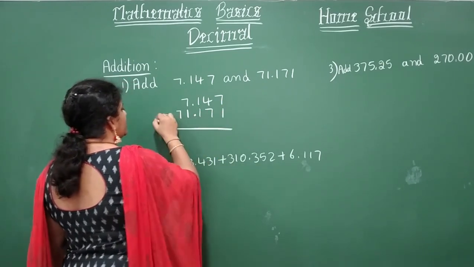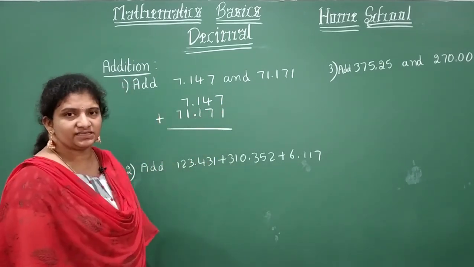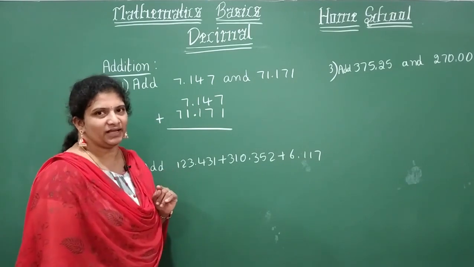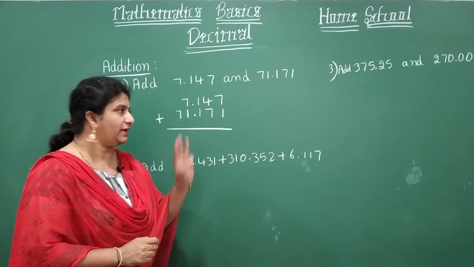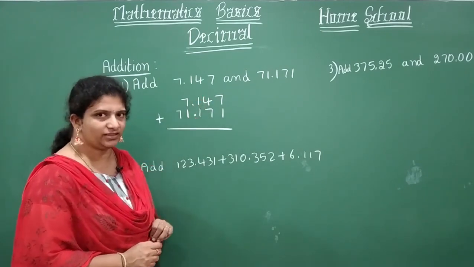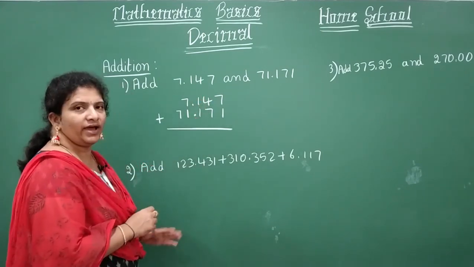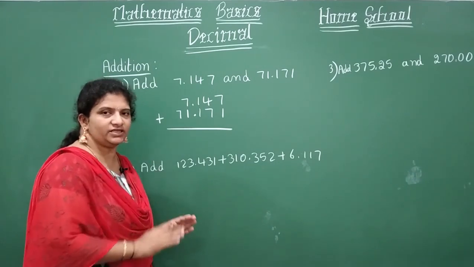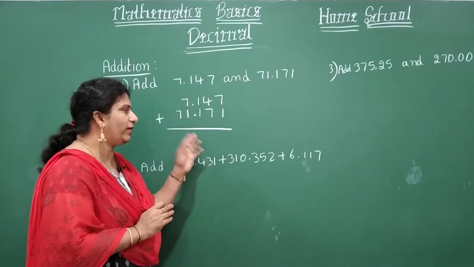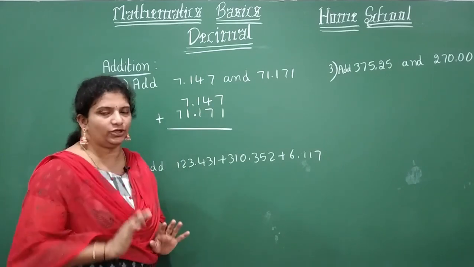So observe here, children, which type of decimal is it? It is a like decimal, where after the decimal point there are three decimal places in this and also in this. So now how to add? Adding, same process. Don't worry about decimal addition, children. Only you have to remember where to put the point and how to add. That's all.